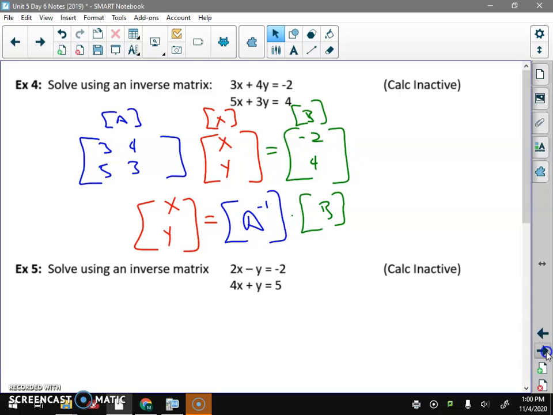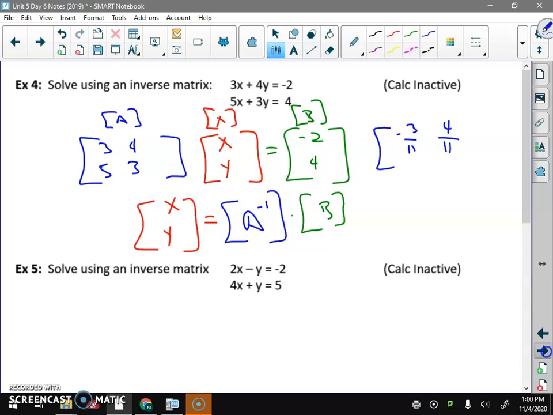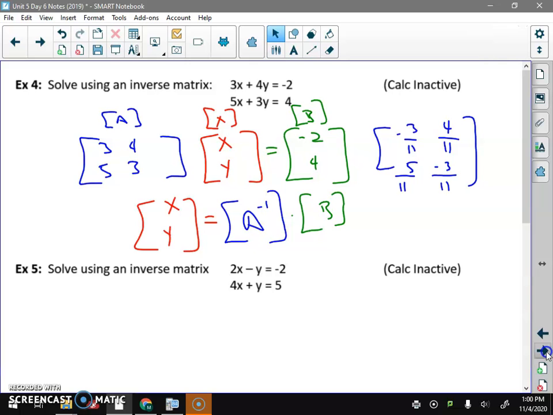The inverse of A I found on my calculator to be -3 elevenths, 4 elevenths, 5 elevenths, -3 elevenths, and that's what's going to get multiplied by B.